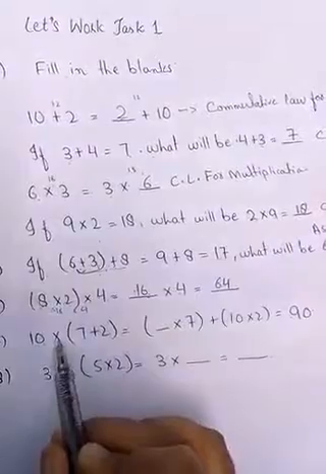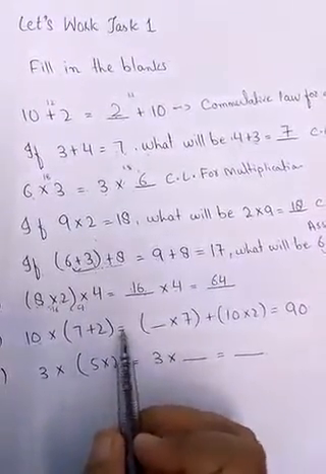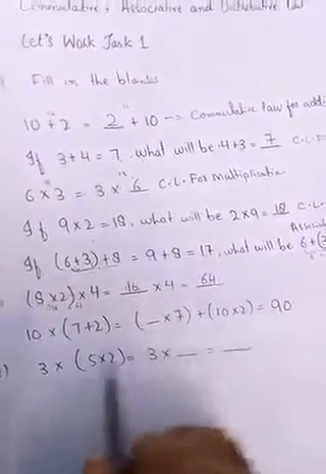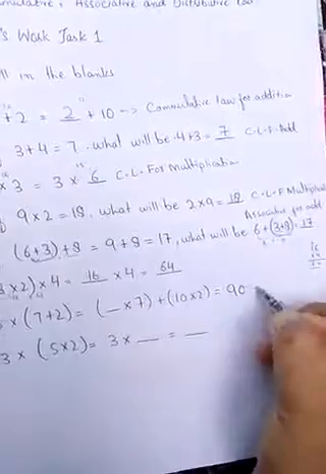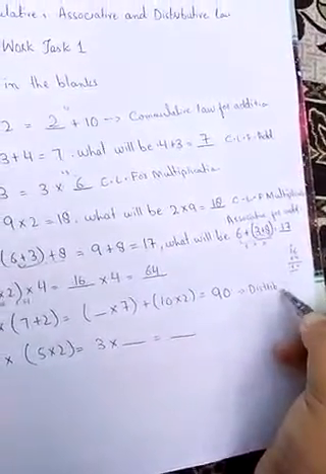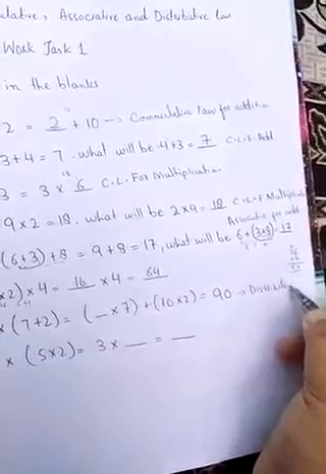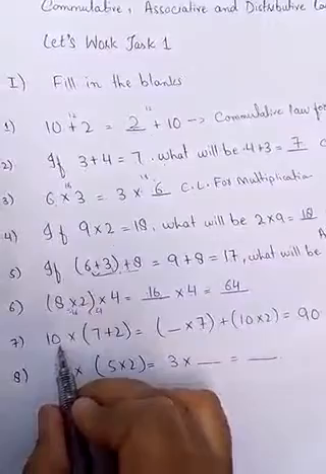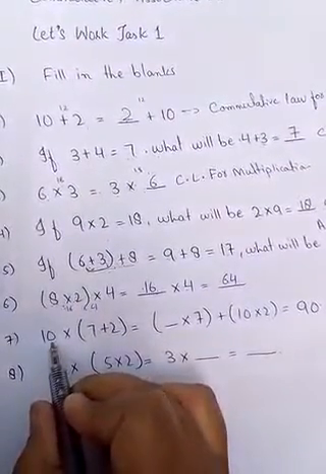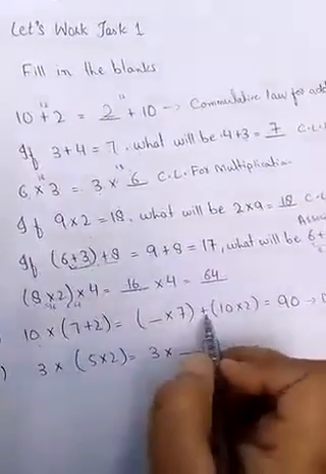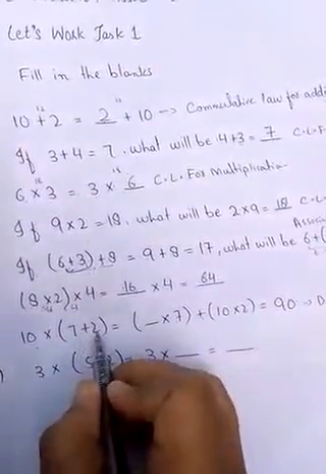Now 10 multiplied by 7 plus 2 is equals to dash multiplied by 7 plus 10 multiplied by 2 is equals to 90. This is the distributive law. In distributive law, we distribute this multiplicand into the addends and then find their sum. So these are the addends.